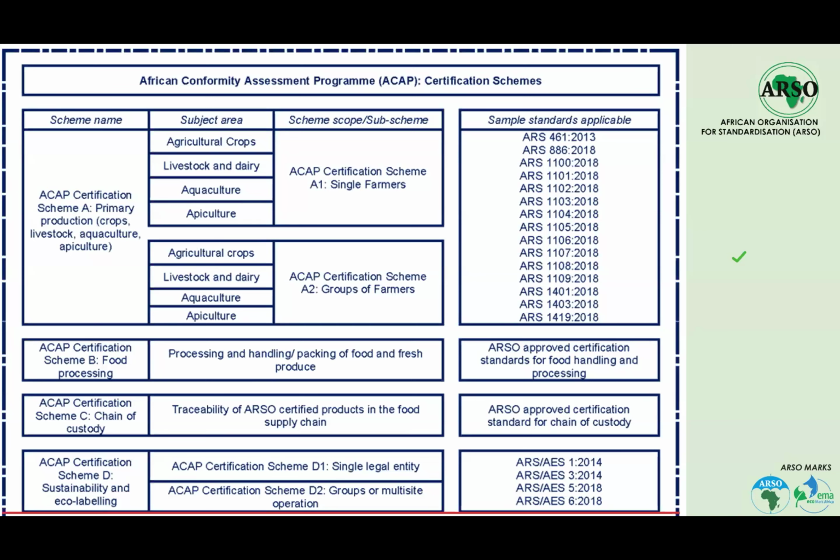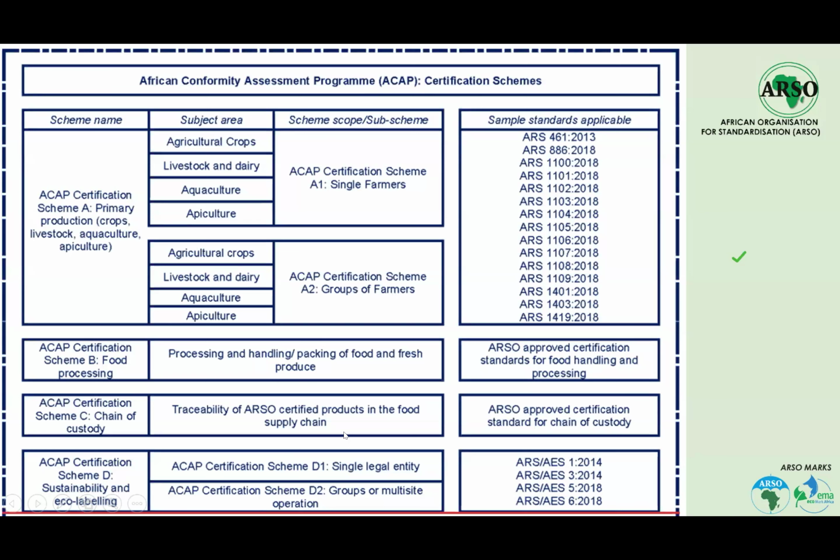It can be applied for by a single farmer, as long as you have fulfilled all the legal issues and the registration issues from the country you are based in. Then it can also be applied for by a group of farmers, where you find that a group of farmers have made a cooperative and they are applying for certification under this scheme. There is a number of standards. This is just a sample, but we have other standards.